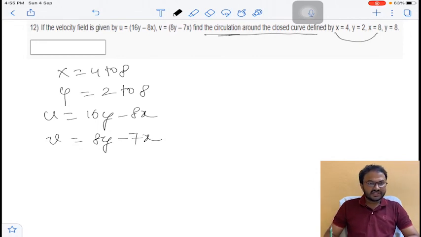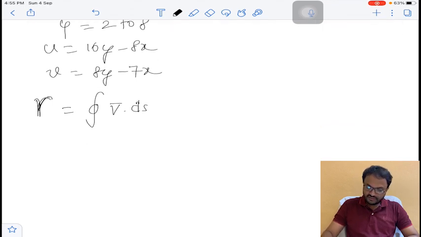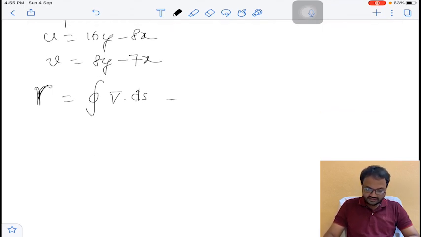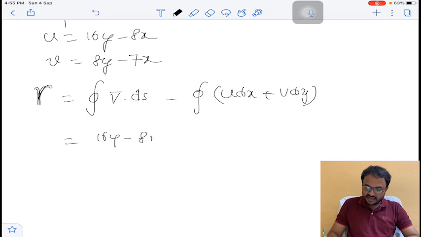According to the definition, circulation is the line integral of velocity over space, that is, the line integral of u dx plus v dy. So u is 16y minus 8x dx plus v is 8y minus 7x dy.